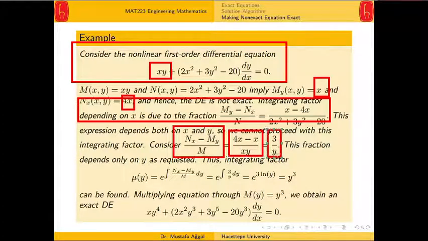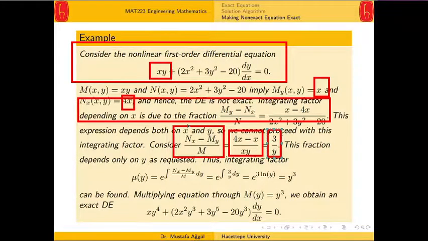We end up with 3 over y. Since we are trying to find an integrating factor with respect to y, and this is only a function of y, it seems we can proceed with this one.